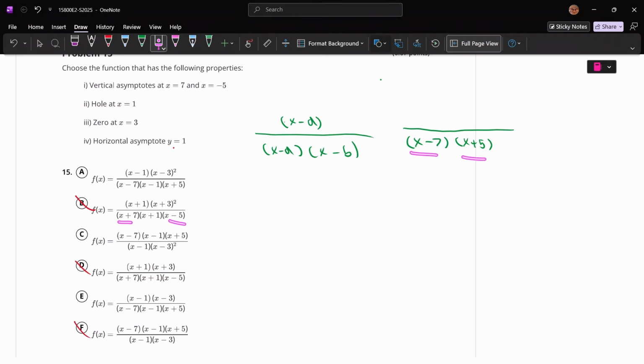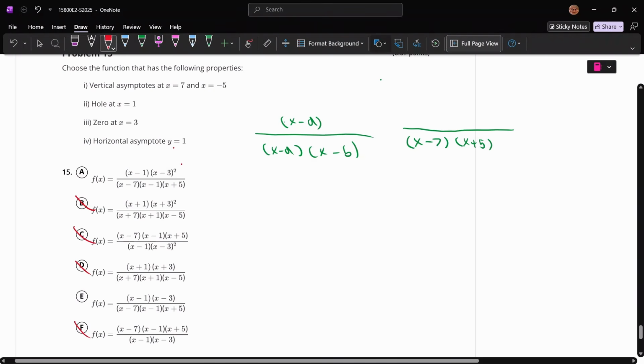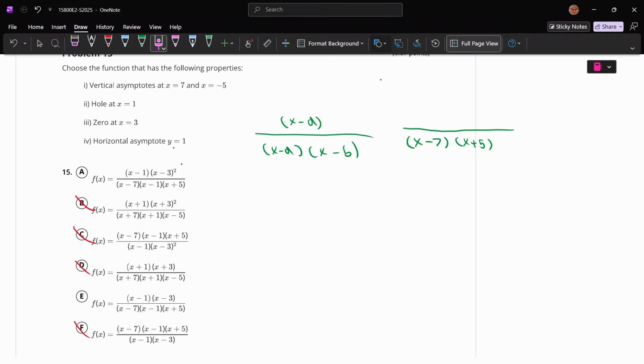They have the signs flipped, and then F, it doesn't even have that. It only has them in the numerator. So that's how I know for a fact that those answers wouldn't be the case. Oh yeah, we could also get rid of C as well, because it doesn't have these terms in the denominator, which is what we want for a vertical asymptote.